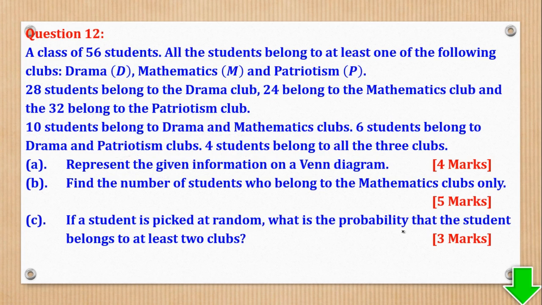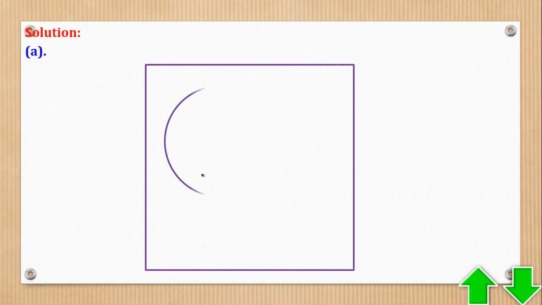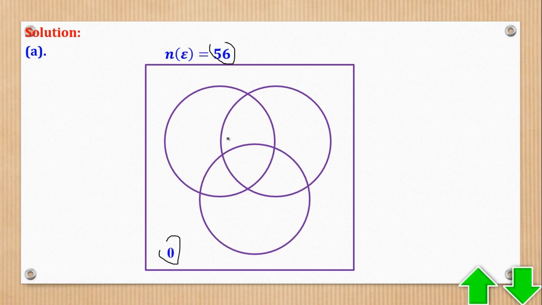I think let's begin with part A. So we shall first begin by drawing a Venn diagram. There are 3 parts, so that's why you draw 3 circles. So the total they said was 56. Then none. All of them belong to at least one club.